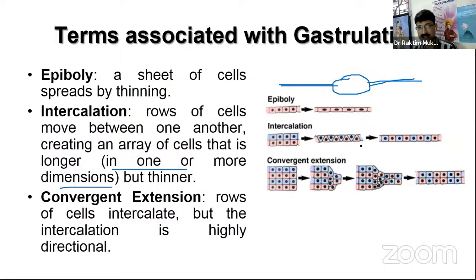Likewise, you have convergent extension. Convergent, as the name suggests, convergence and divergence. The rows of cells intercalate, but the intercalation is highly directional. You can see it will be in a particular direction, that is convergent extension. So these are the six terms. Using the six terms, let's see whether we can answer some of the CSIR-NET questions.